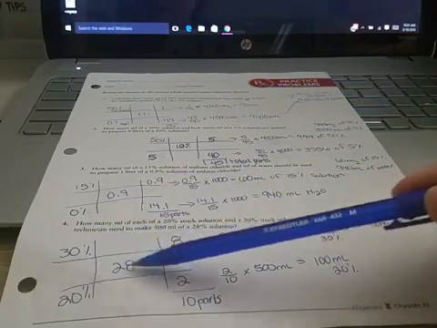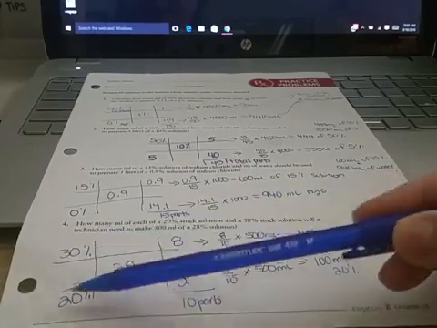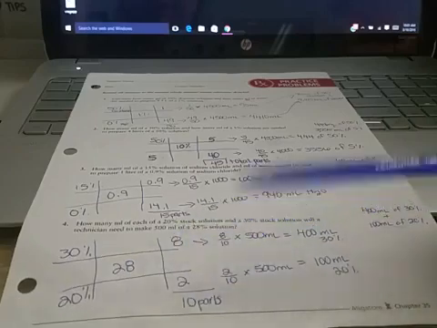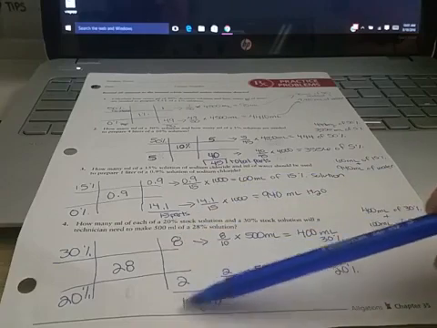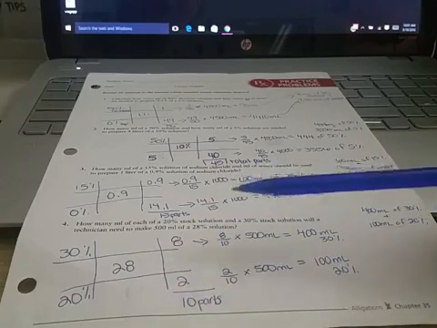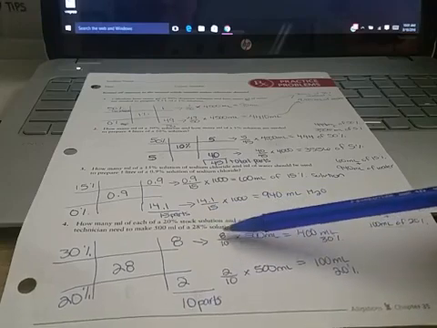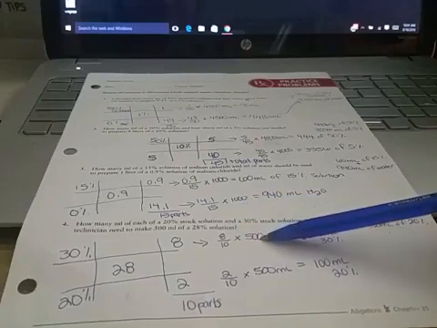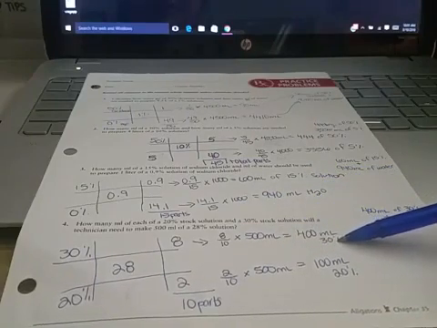So your 30 minus your 28 is 2 parts. And your 20 minus your 28 is 8 parts, because there's no negatives. So 8 and 2 is a total of 10 parts that you're working with. So your 8 out of 10 parts, 8 divided by 10, multiplied by the 500 ml that you need, equals 400 ml of the 30% solution.